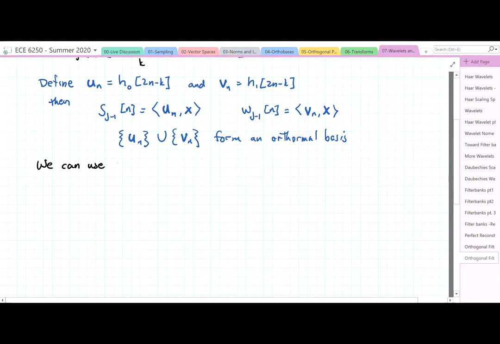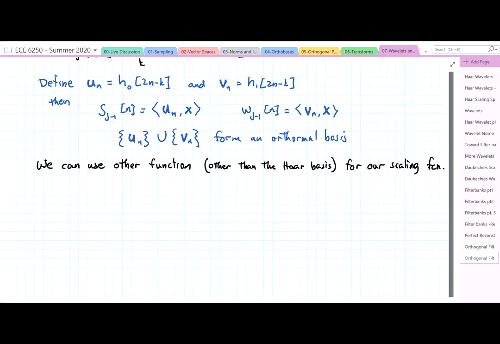We can use other functions than the Haar basis, or scaling function, but it has to have these properties.